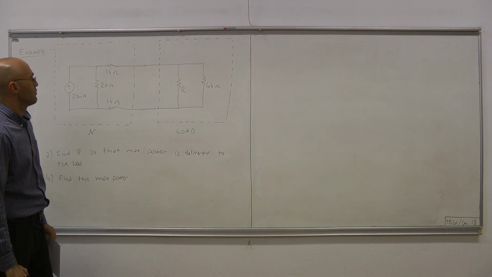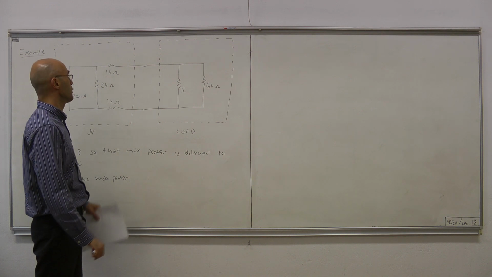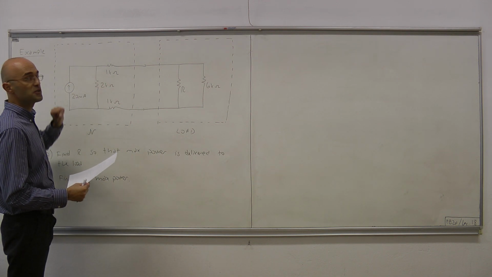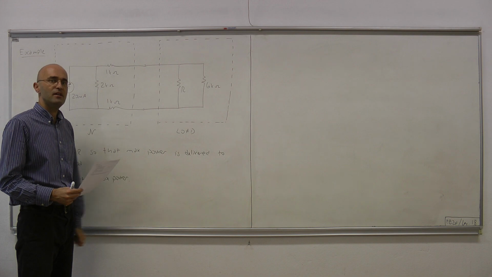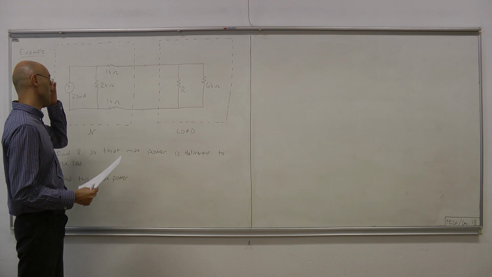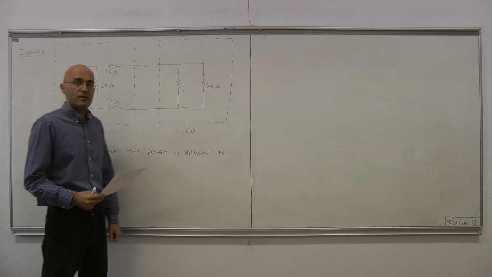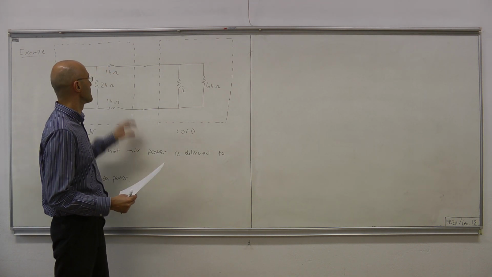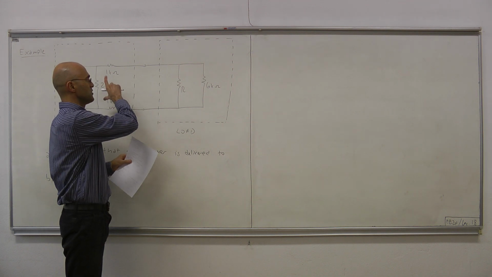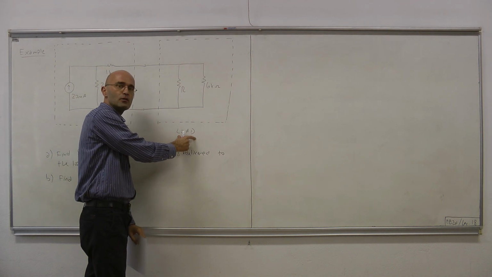Now, the steps that we will follow are quite straightforward. First, we will replace this thing by its simpler Thevenin equivalent representation. That will give us the Thevenin resistance, and that Thevenin resistance must equal the equivalent load resistance.